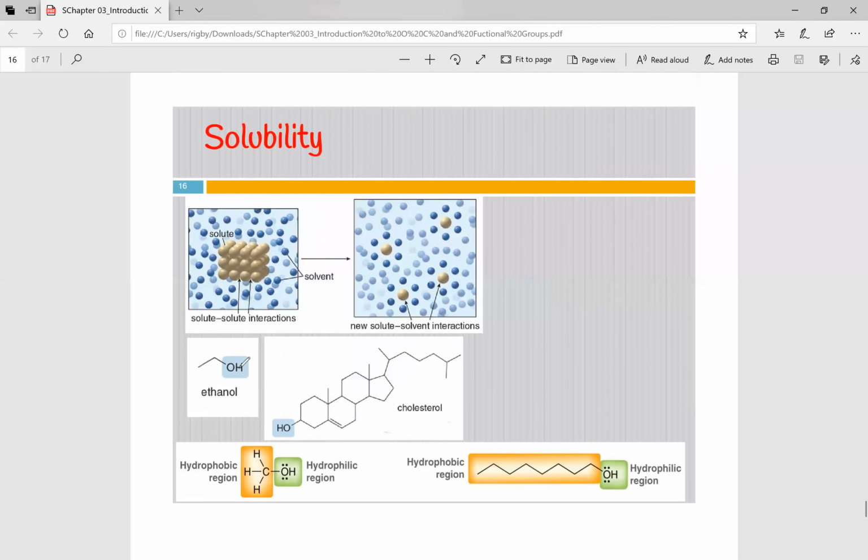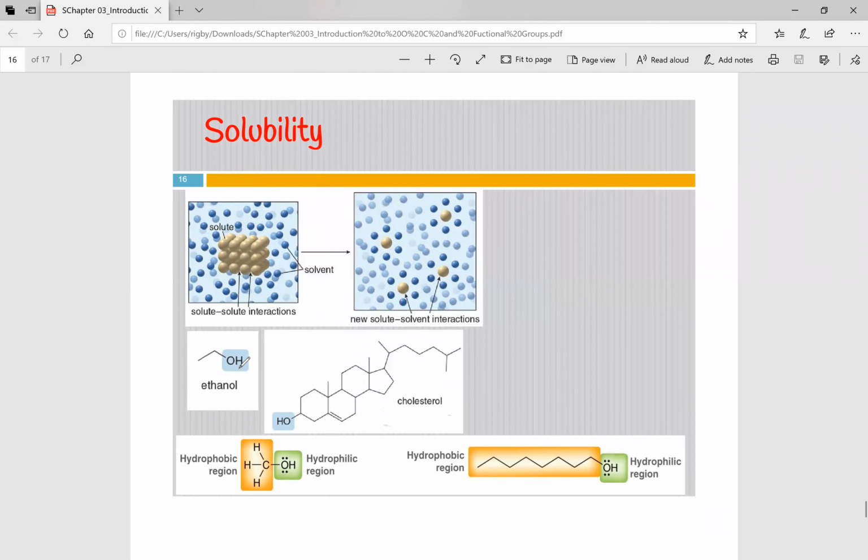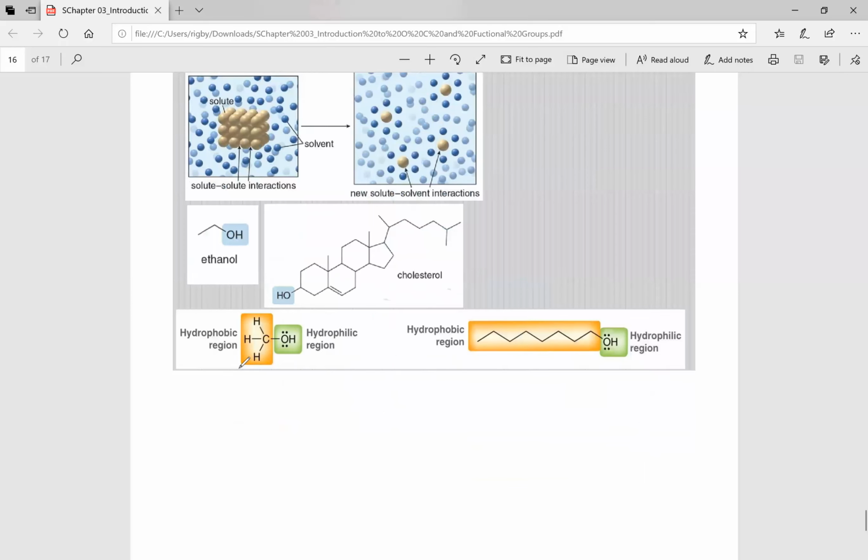All right, so let's just continue on. There's one more thing that we need to talk about in this chapter, and that's called solubility. So recall in Gen Chem where we talked about polar solvents can dissolve polar compounds. Water, H2O, is probably the most famous polar solvent. Oxygen is partially negative, hydrogen partially positive on both sides.